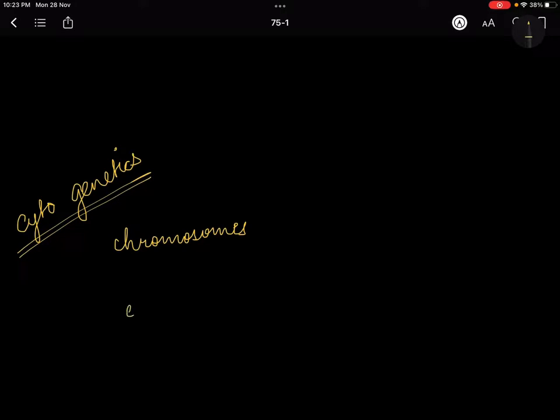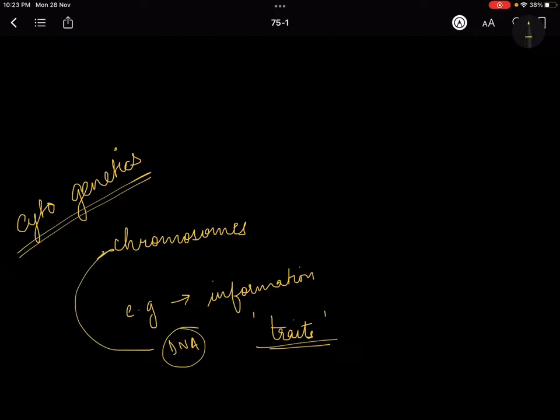For example, whatever traits and attributes you're getting from your parents are encoded in the form of information, and this information is a part of your DNA and genes, right, which are present in the chromosomes, right?